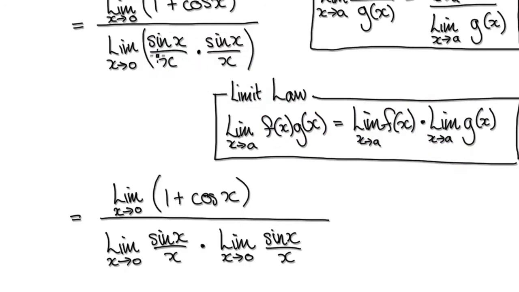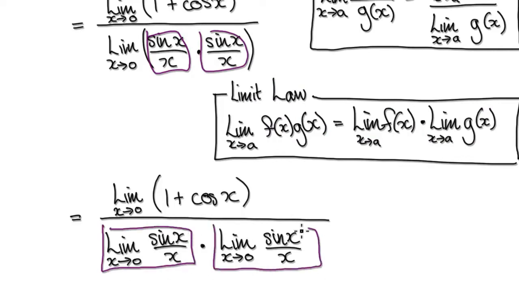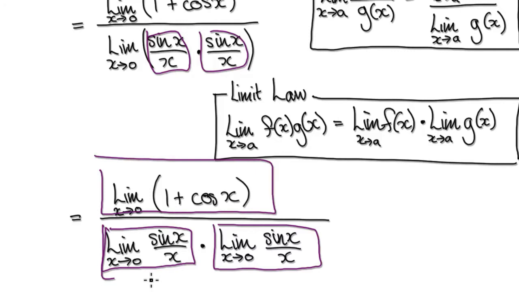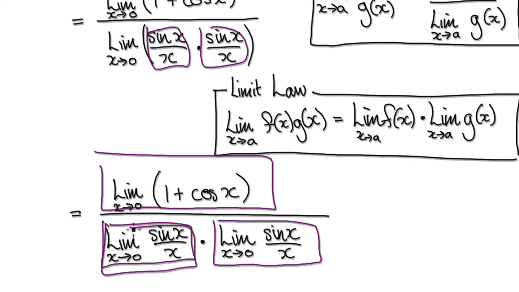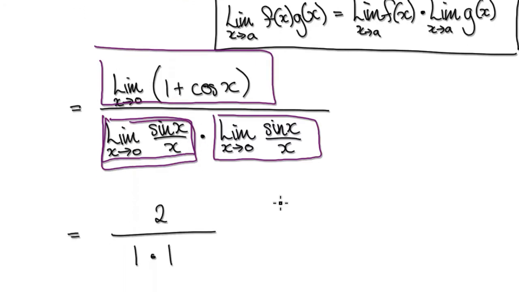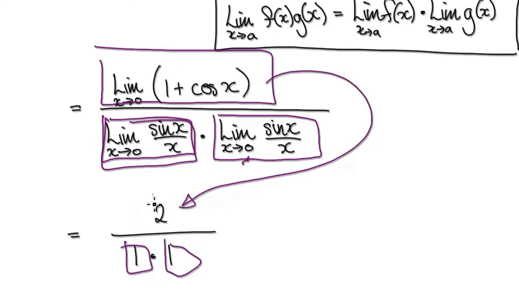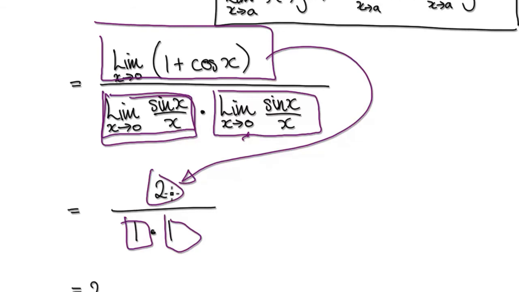So now you've got 3 blocks. So now the limit here, we've seen in the past that equals 1. This block here equals 1, and then this equals 2. So the answer is 2.